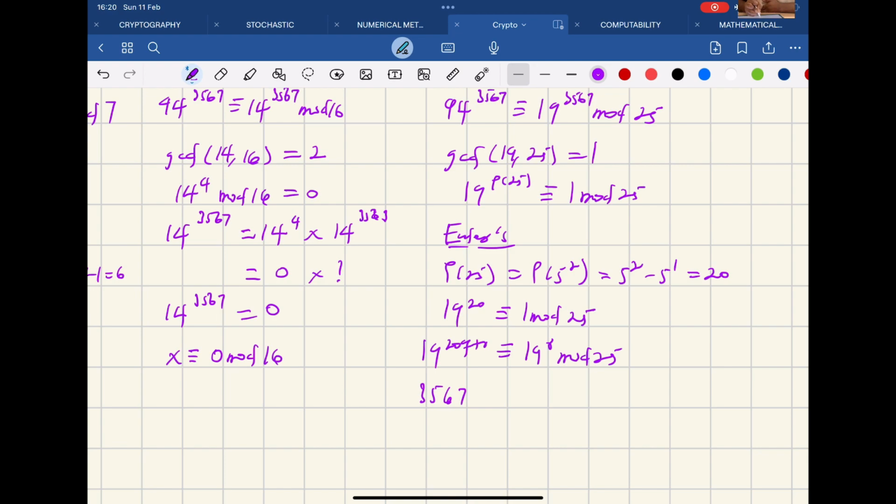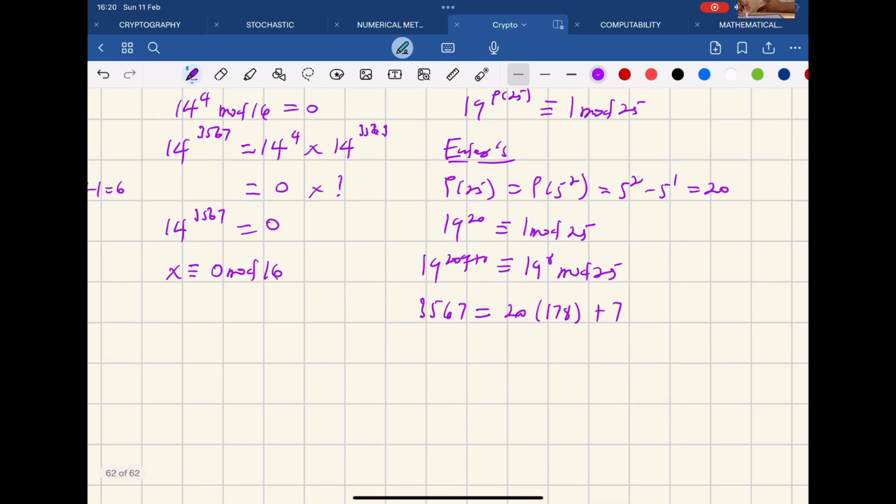Having an exponent of 3567, if we divide this by 20, we get 178 plus a remainder of 7. So 19 exponent 3567 is congruent to 19 exponent 7 mod 25.